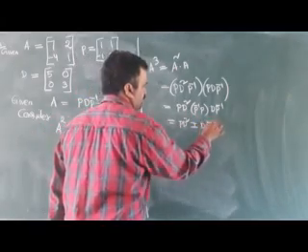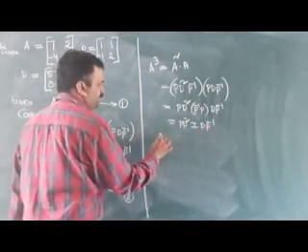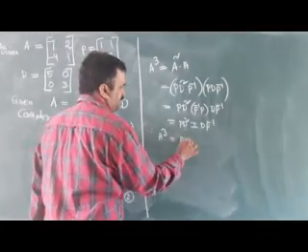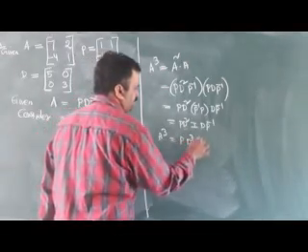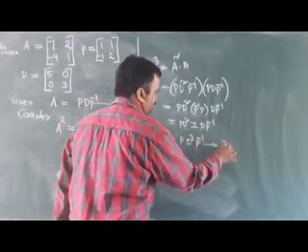Therefore A cube is equal to P D cube P inverse. Equation number 3.